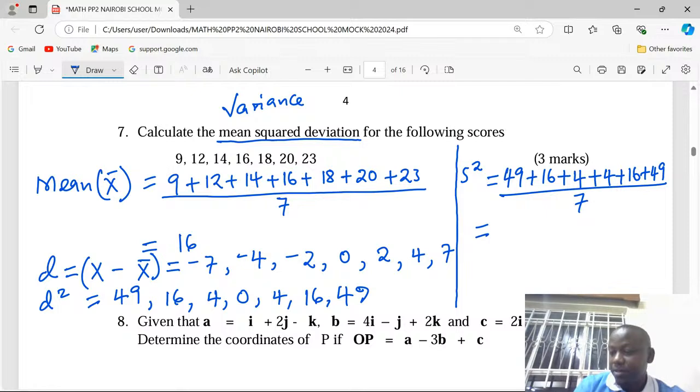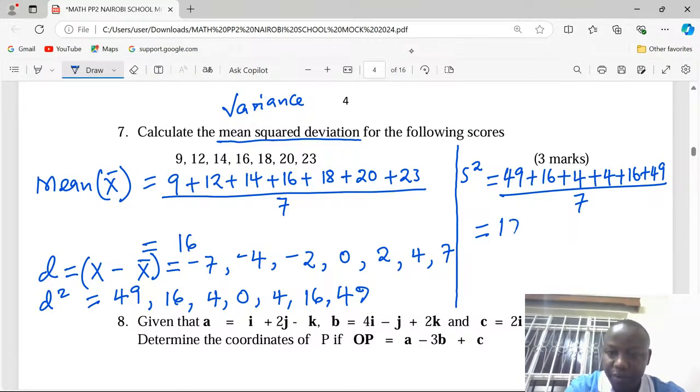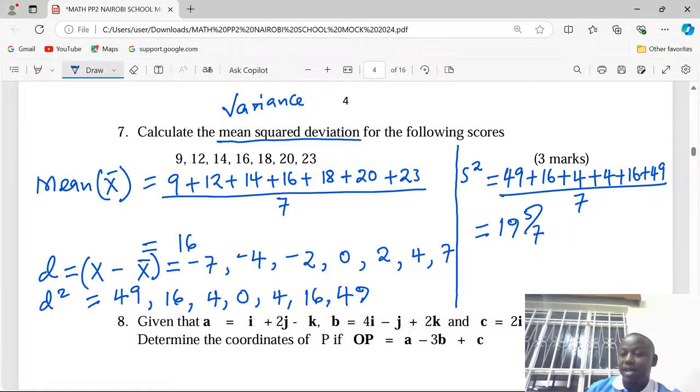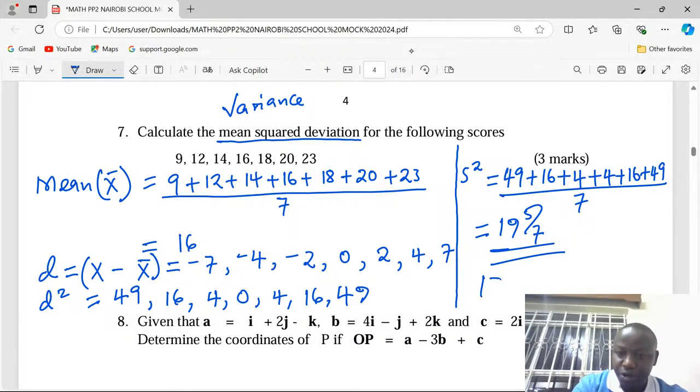When we obtain this, we shall get 19 and 5 over 7 as the exact variance. This is the exact variance. A student can also express to an accuracy of 4 significant figures, and that is 19.71.